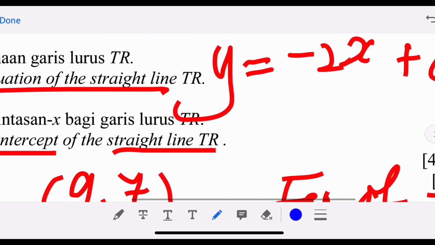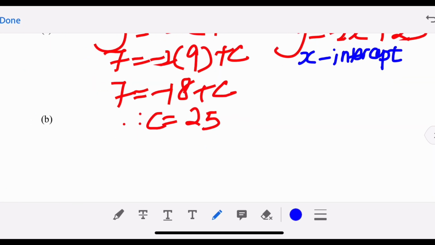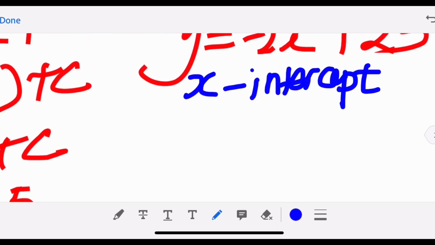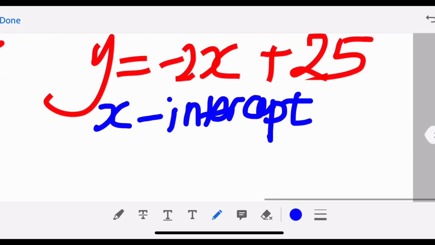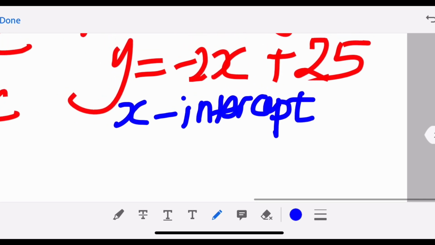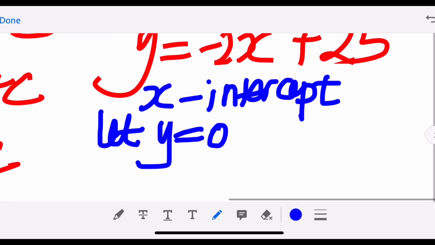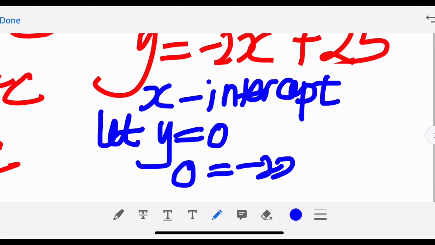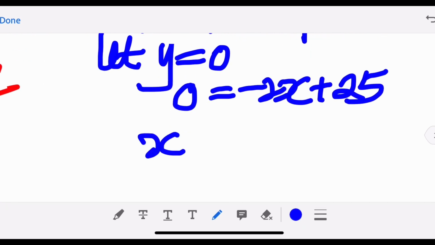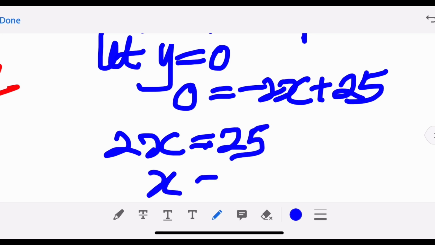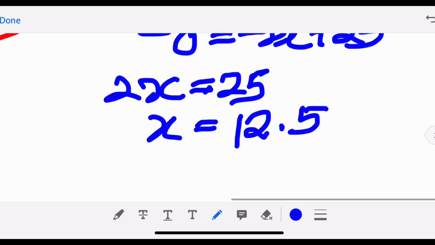So now we substitute y equal to 0 into the equation, and the x is unknown that we are going to find. So 0 is equal to negative 2x plus 25. If you simplify correctly, your x is 25 over 2, which is 12.5.